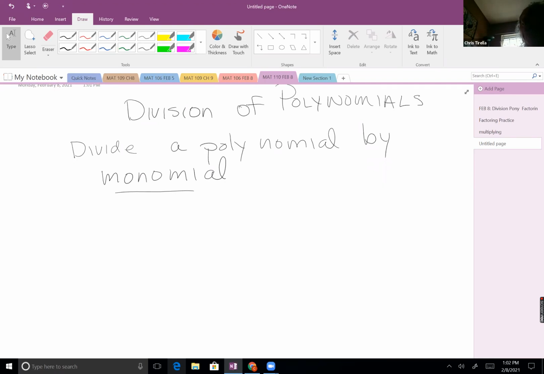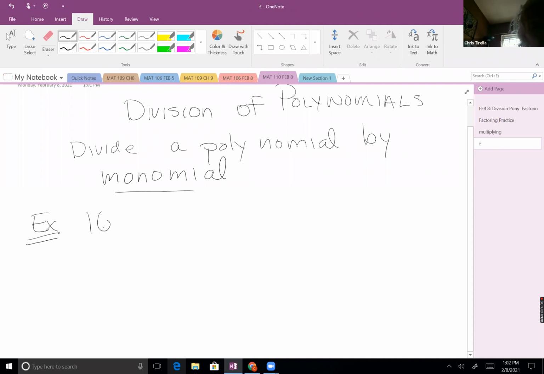Back in the day, we used to always divide any polynomial by any polynomial, and it was a process of long division. That's very similar to doing long division with numbers. But the powers that be, that's no longer in the scope of this course. You won't be seeing that process unless you take pre-calculus. So we're going to look at dividing a polynomial by a monomial, many terms by a single term.